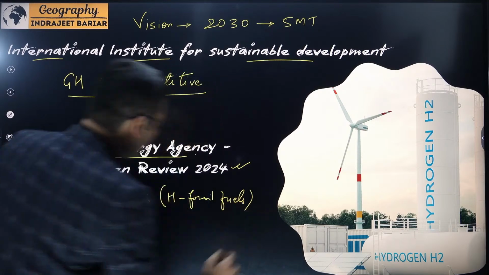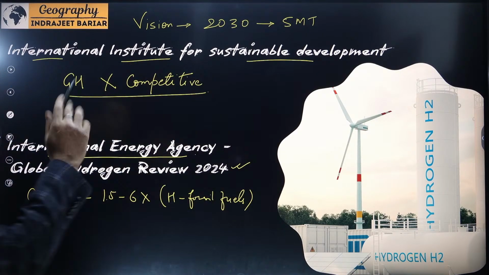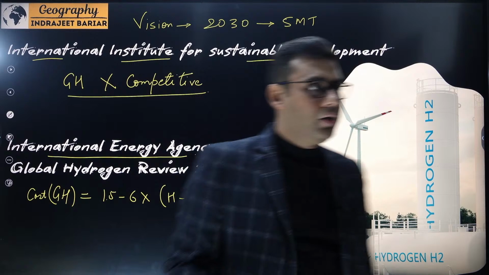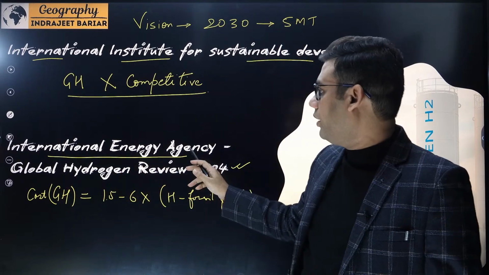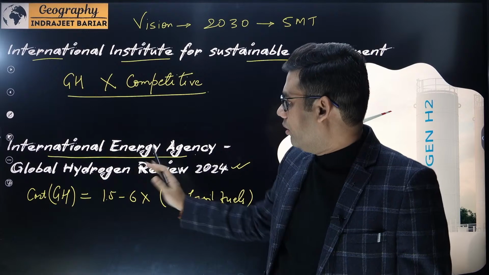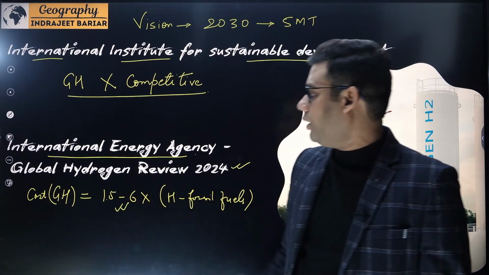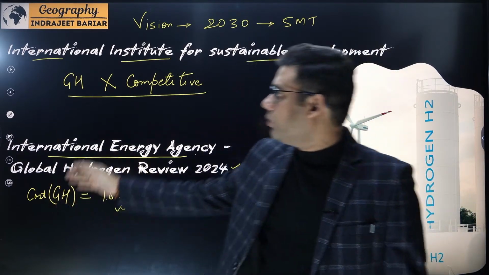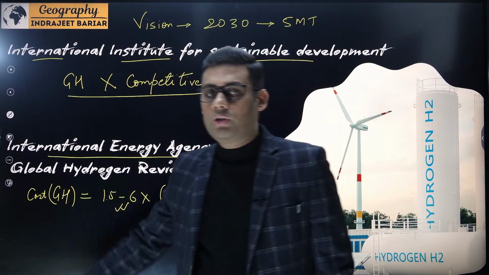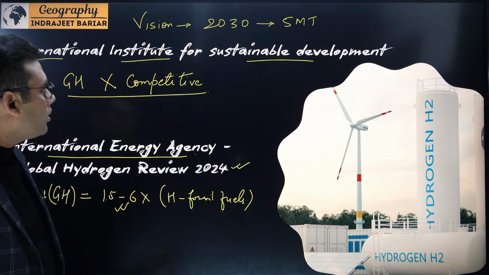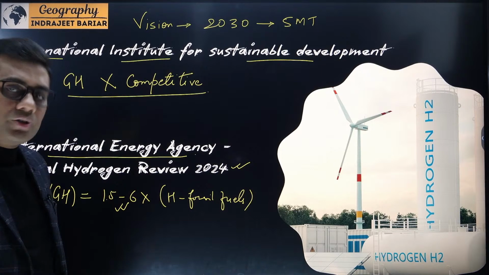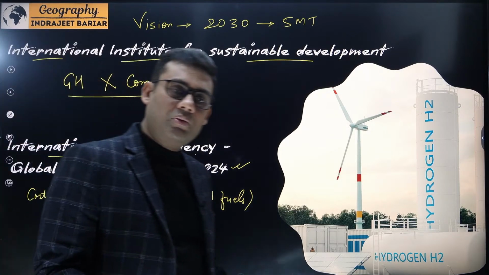So now if you see, what has been observed by the International Institute for Sustainable Development, almost a similar aspect has been dealt with by the International Energy Agency, just that it has quantified it. So overall, with respect to both of these institutions, what we see is the cost of production of green hydrogen would be extremely higher.